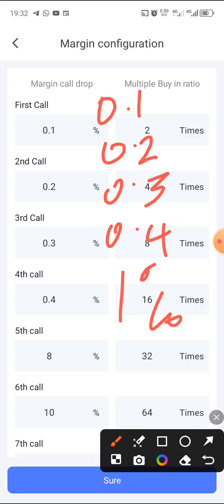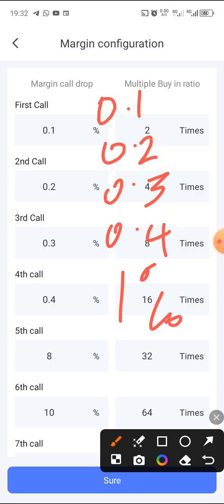Meaning that when the market drops by 1%, our robot will have bought our 4 margin calls, which it will sell on our take profit ratio.